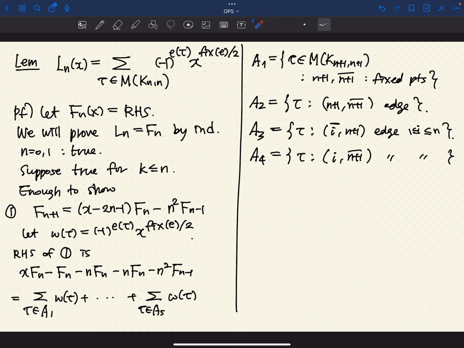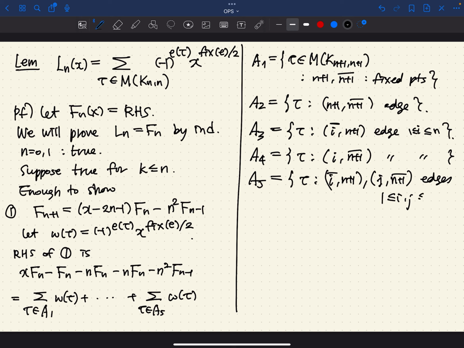Now we have a wrinkle: there are some overlapping things, right? But that's okay, that's something we can deal with. Because now we have both this and this. Of course, for different i, say i bar, n plus 1 and j, n plus 1 bar are both edges, where i, j range from 1 up to n.